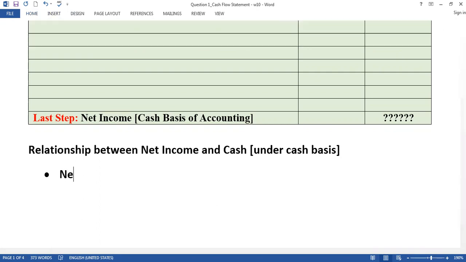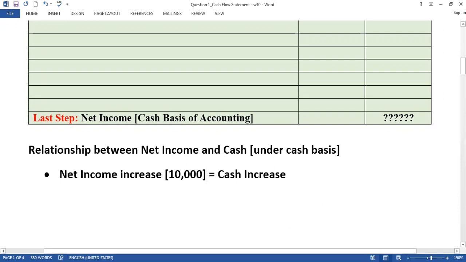So net income according to cash basis, net income increase should be equal to cash increase. That means if net income increases, for example, by $10,000, at the same time, cash should also increase by $10,000. This is a relationship. Net income increase means cash increase.